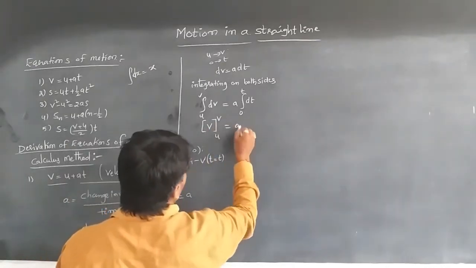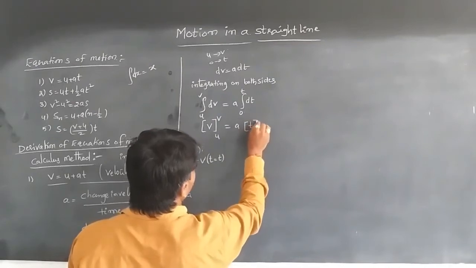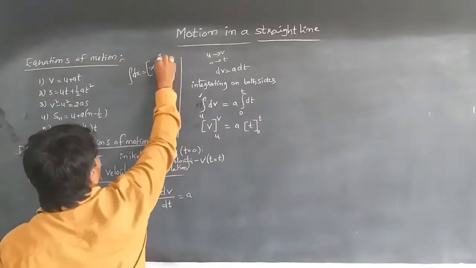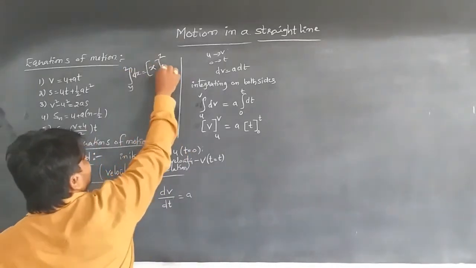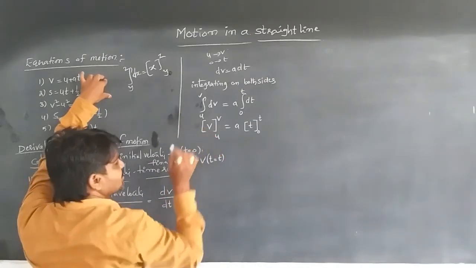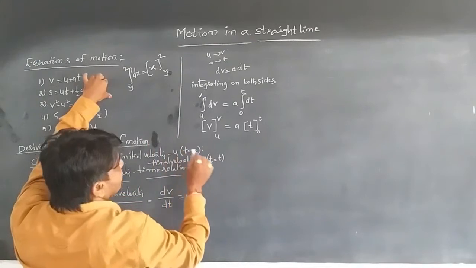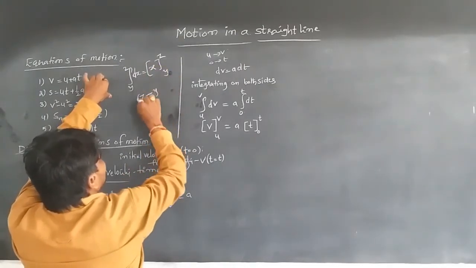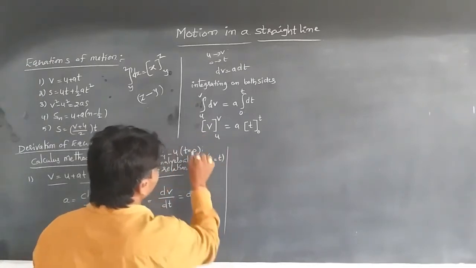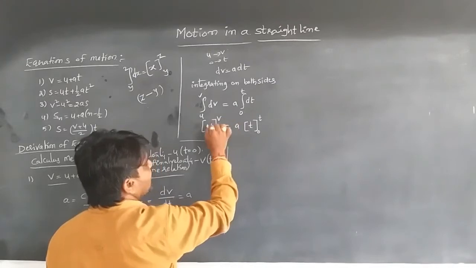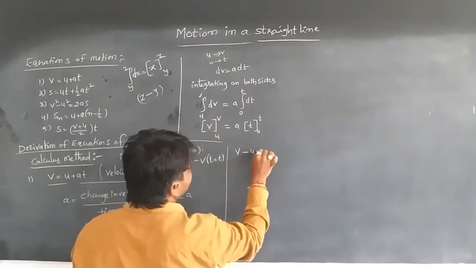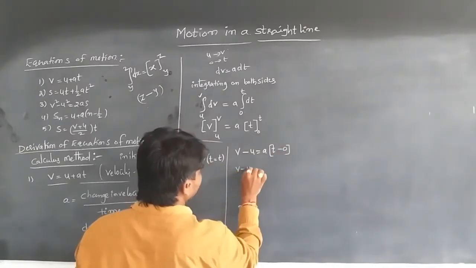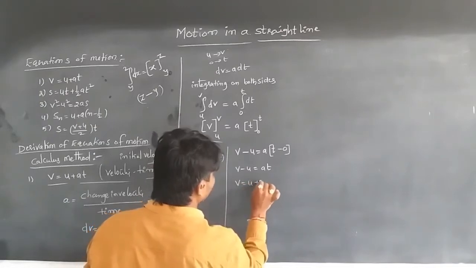For x between the limits y to z, we first substitute the upper limit z, minus the lower limit y. Similarly here, the upper limit v minus u equals a times the upper limit t minus 0. Then v − u = at, so v = u + at.